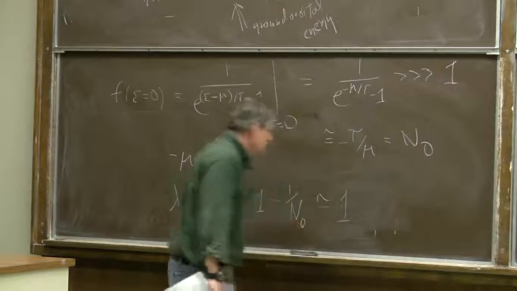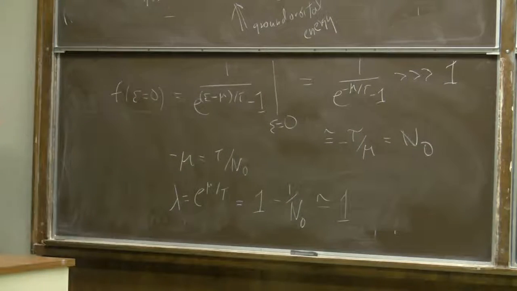That's extremely close to 1. Okay? So, if we're in a Bose-Einstein condensate and the system is extremely large, we can consider the activity to be 1.